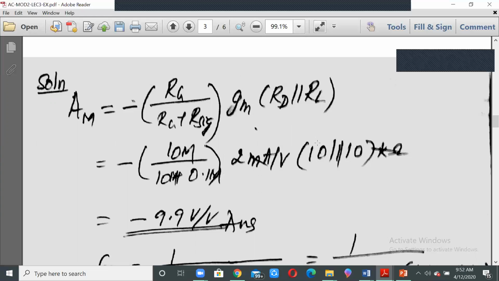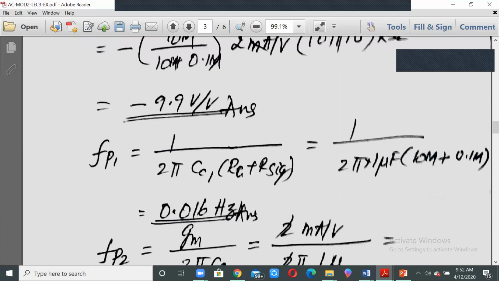RD and RL are 10 and 10, given in kilo ohms. Kilo ohm and milliampere will cancel. So we'll get here 5 into 2, 10. 10 multiplied by this value, which is a little less than 1. So we'll get minus 9.9 volt per volt.